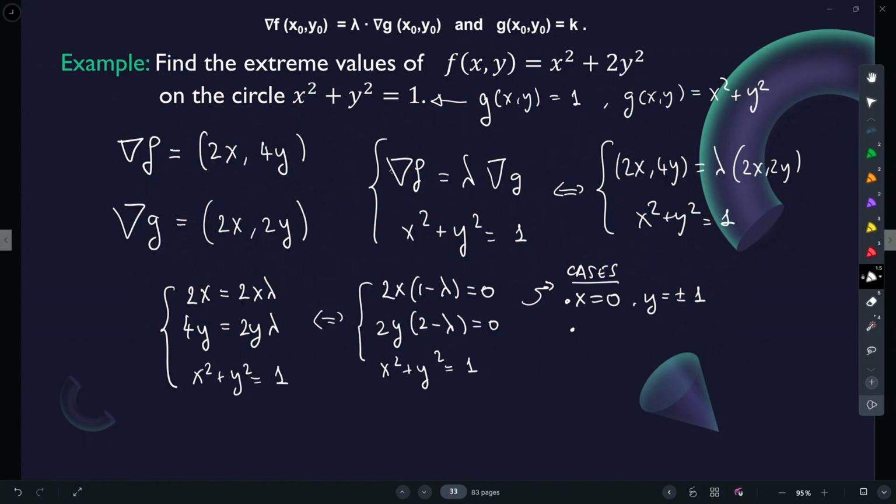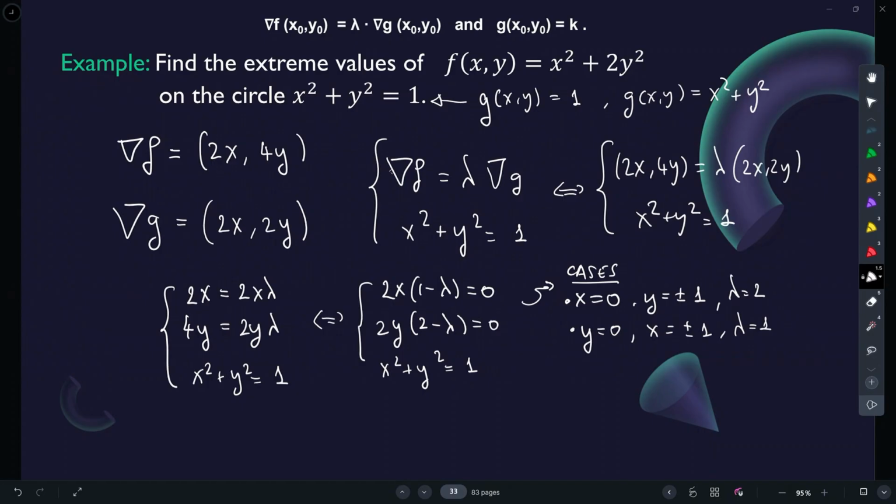By the way, for this equation to be true, that would mean that lambda is equal to 2. So this is the case of lambda is 2. Now from here, y could be 0. If y is 0, then from the equation of the curve, we get that x would have to be plus or minus 1. And for this equation to be true, can it be true? Yes, if lambda is 1. That's okay. So it could be that.